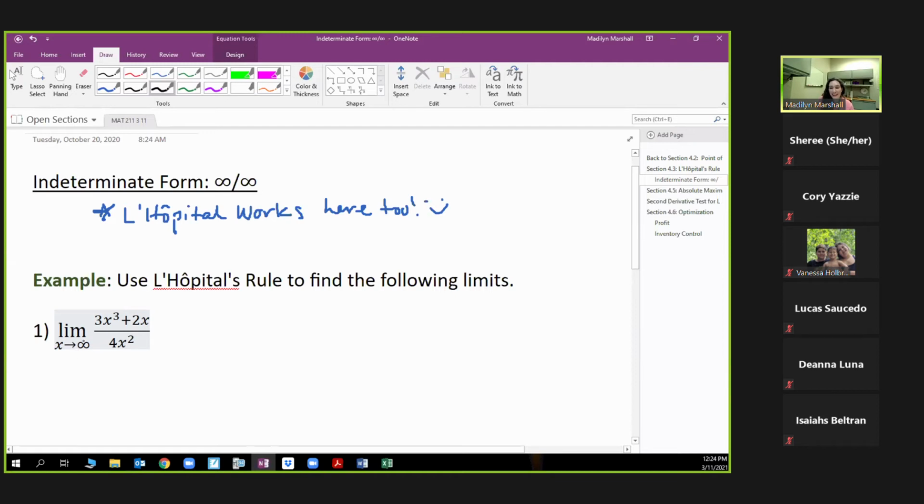So here, infinity doesn't necessarily plug in for x, but if we think of it that way, this will be a bunch of infinity stuff on top because x is going towards infinity. And the bottom is also going to be infinity. Since we have x's on the top and x on the bottom, both of those are going towards infinity. So we need to use L'Hopital to help us with that.